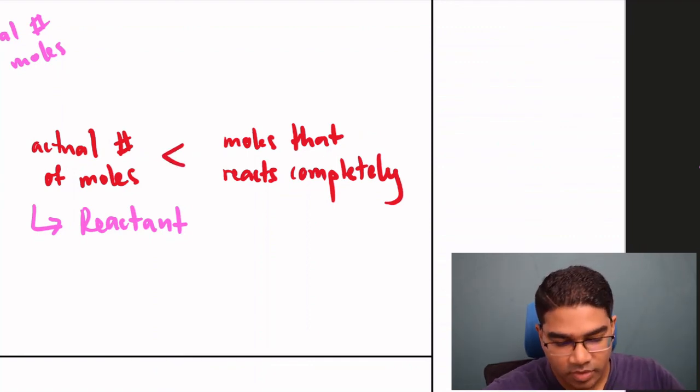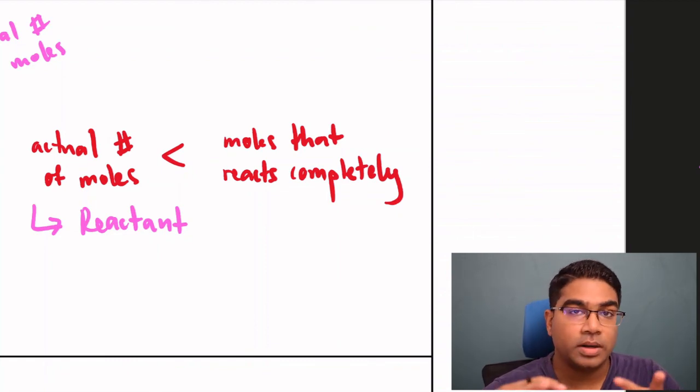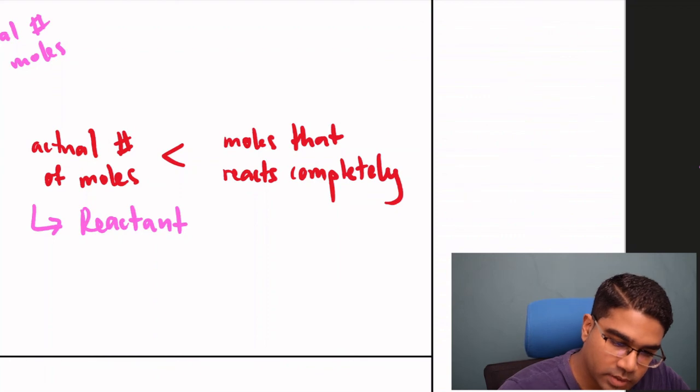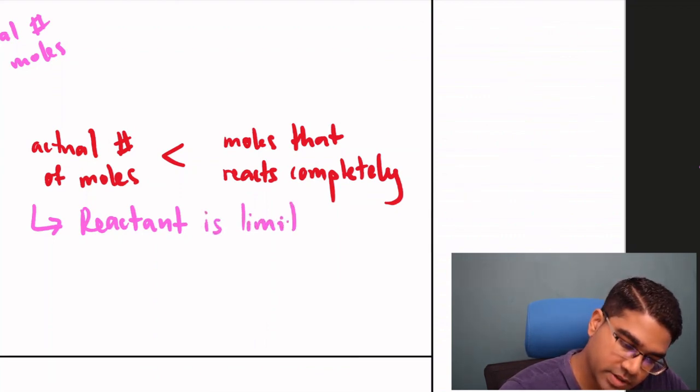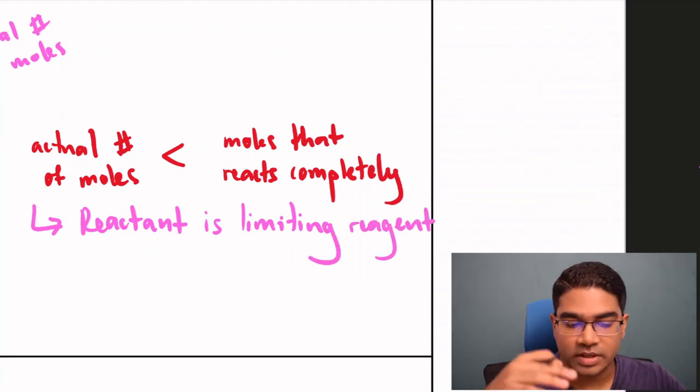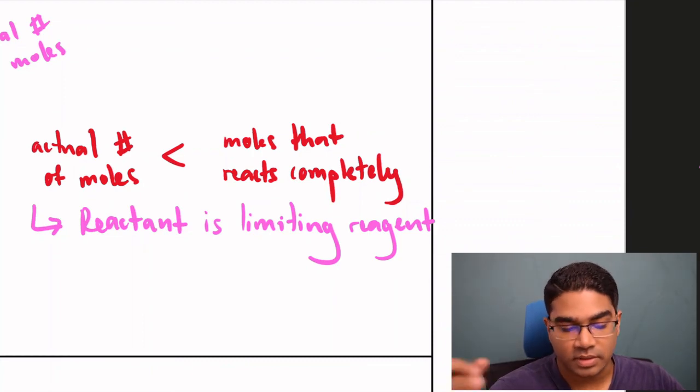So if the actual number of moles is less than what would be required to react completely, then we can conclude that the reactant is the limiting reagent, because there's not enough. It is less than what is required to react completely. So this becomes the limiting reagent.